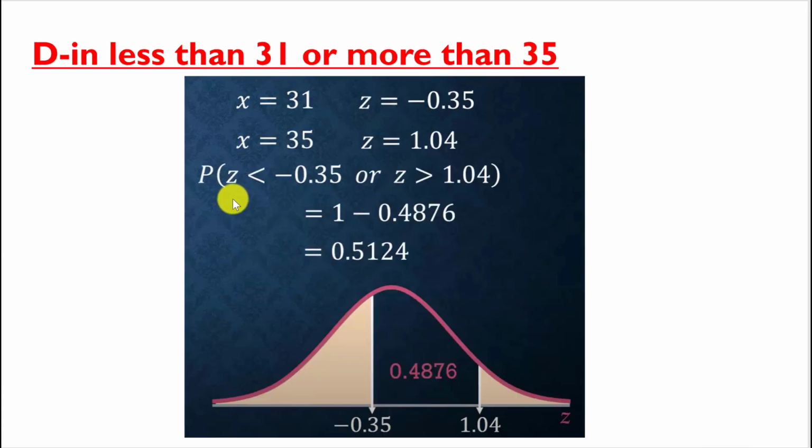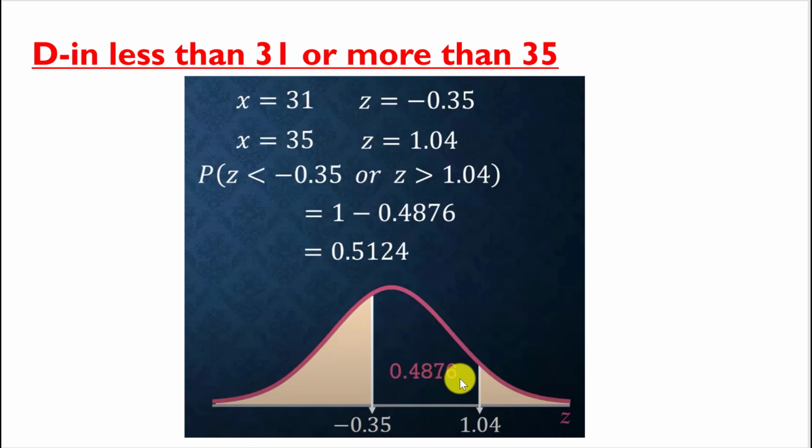Requirement D, find the probability of x less than 31 or more than 35. This requirement is just the complement of our result in C. Our result in C, the area between them, is equal to 0.4876. When x equals 31, z equals negative 0.35, and when x equals 35, z equals 1.04. The area between them equals 0.4876.